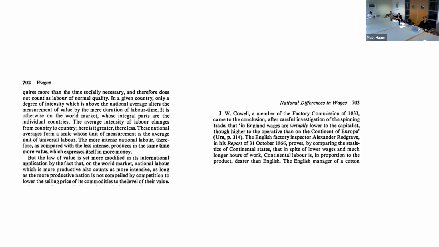The English factory inspector Alexander Redgrave, in the report of 1866, proves by comparing the statistics of continental states that in spite of lower wages and much longer hours of work, continental labor is in proportion to the product dearer, more expensive than English.